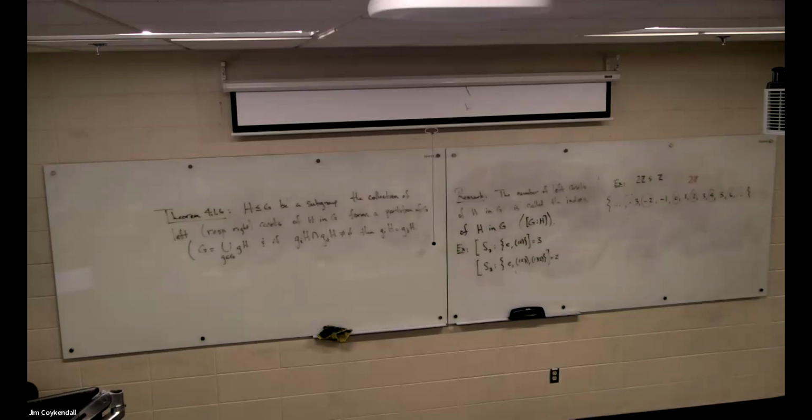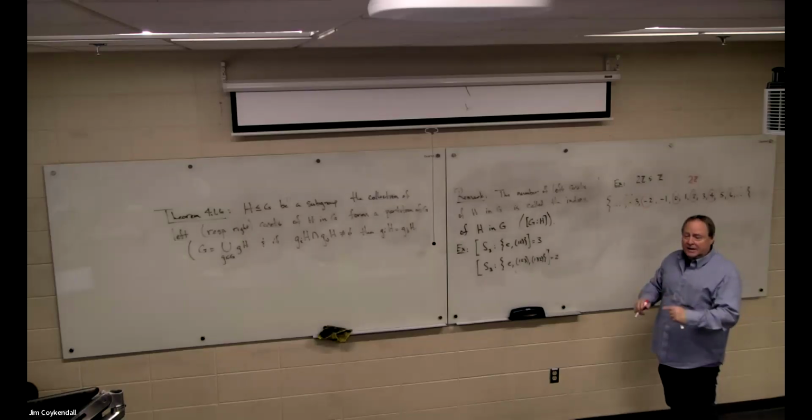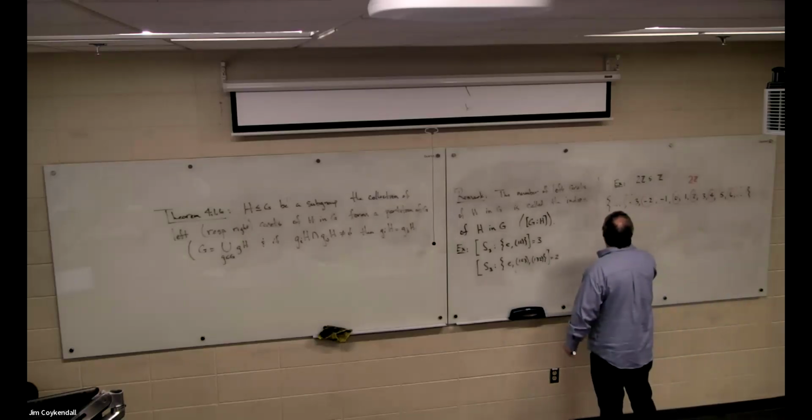How many left cosets do we have? Actually, in this case, left coset, right coset, it doesn't matter, right? Because here my operation's addition, it doesn't matter if I'm adding on left or right, you get the same animal.